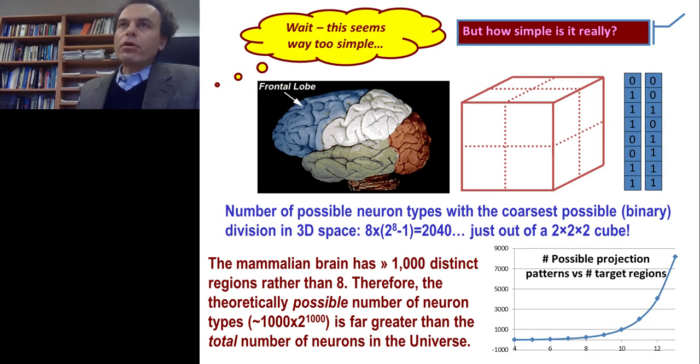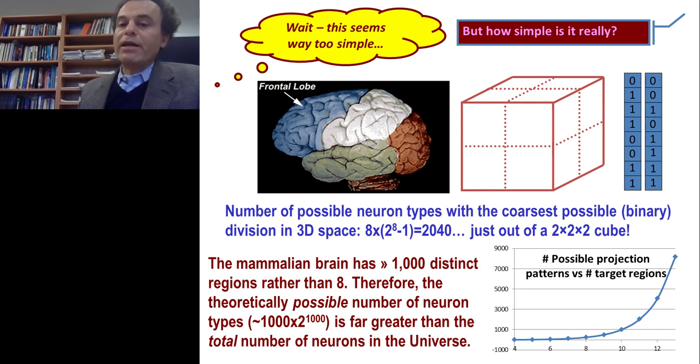Now, it might seem too simple to classify neurons purely based on their axonal projection targets, but it's really not very simple. Even if one simplifies the entire human brain structure into simply top, bottom, right, left, front, back, or if you like, four lobes, or bilateral right and left structure. So this is the equivalent of approximating the whole brain to a 2 by 2 by 2 cube. Now consider an axonal projection.